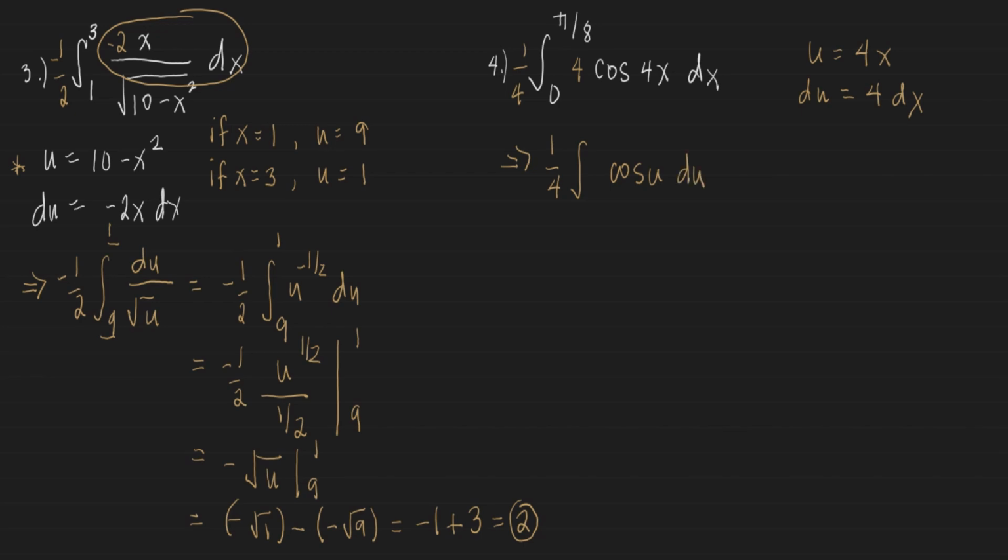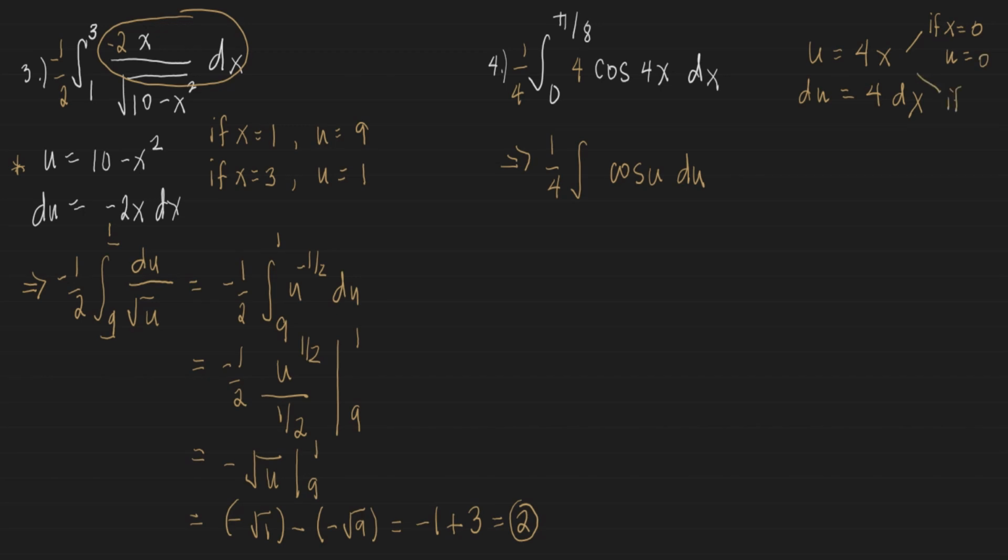Now, since 0 and pi over 8 are intended for the variable x in the given, and we have substituted our given in terms of u, we need to get the equivalent value of x in u. So if x is equal to 0, our lower limit of integration, substituting 0 in our expression for u, which is 4x, we find that u is also 0.